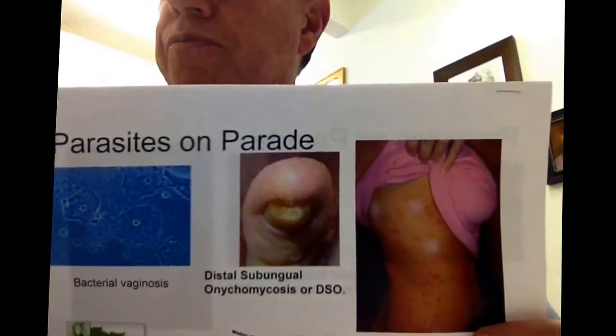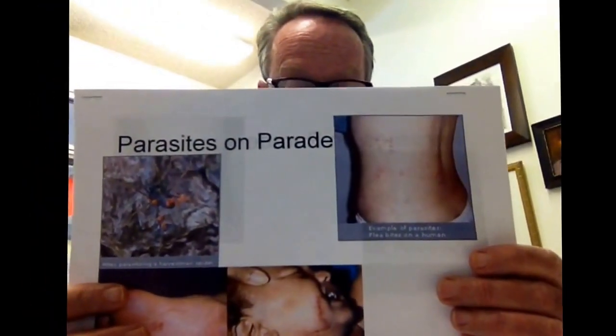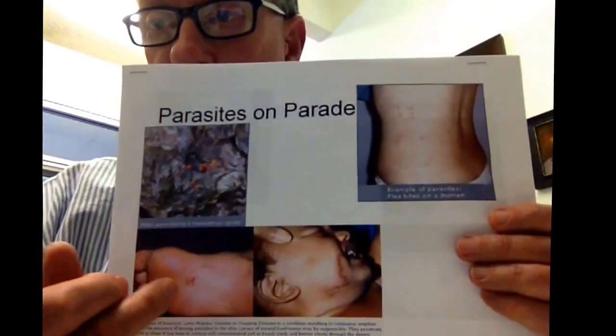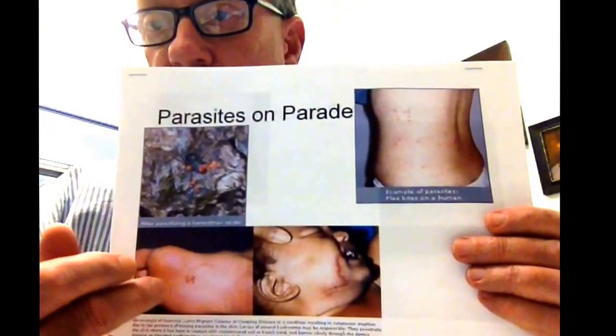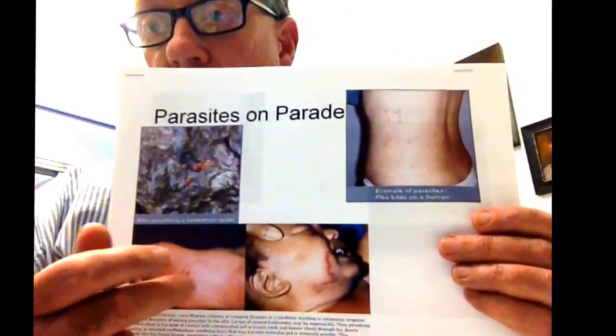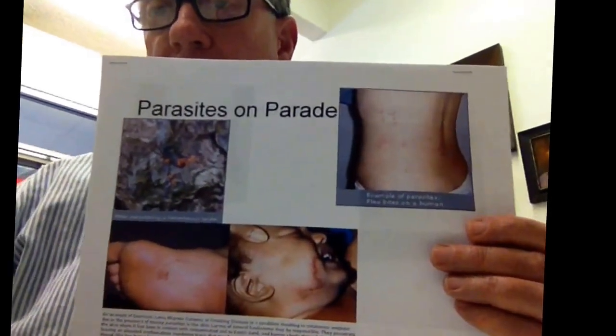Very often, in this particular case, the zoonosis bores into the foot if you walk on sand or dirt in which the larvae are present. So anyway, being aware of regional threats.